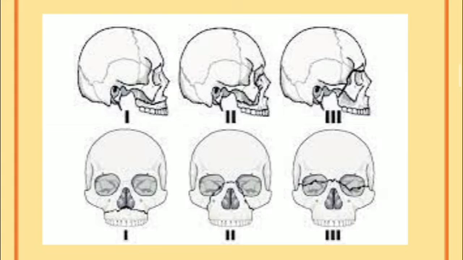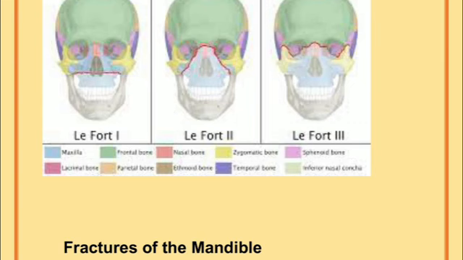The various bones are colored with various colors. The maxilla is there with a blue color. The lacrimal bone has a purple color. The parietal bone has a light green color, and the various bones have various colors there.